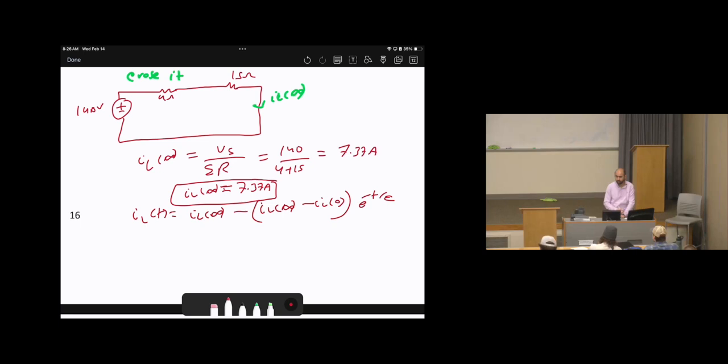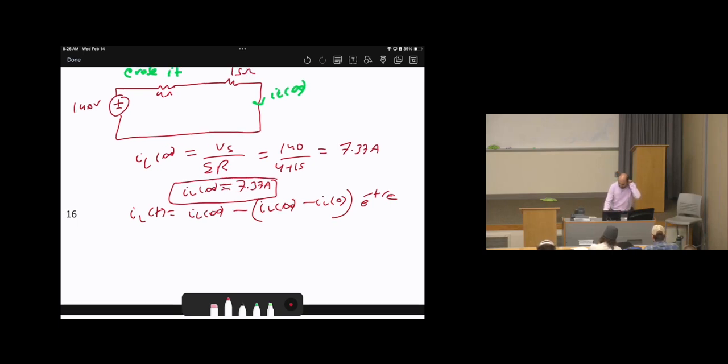Then you need to substitute the numbers. That's why I say even during the test, if you don't know the answer of any step, assume any value, then keep going. If, for example, you cannot figure out how to find IL of infinity, assume, for example, 5 amperes, then you will lose only the 5 points associated with IL of infinity and keep going with the answer. Okay?